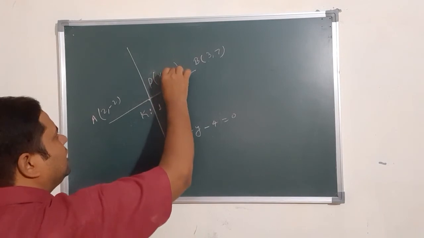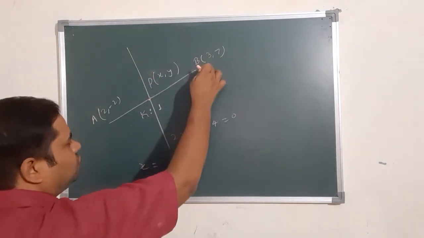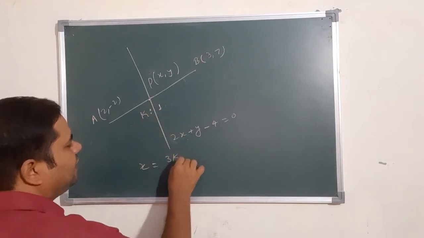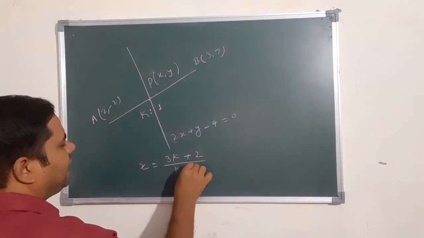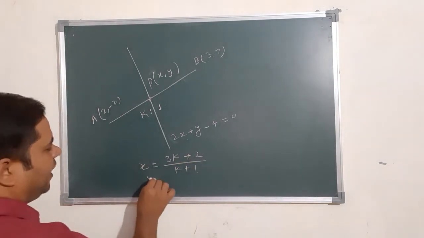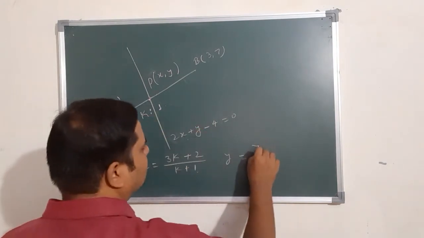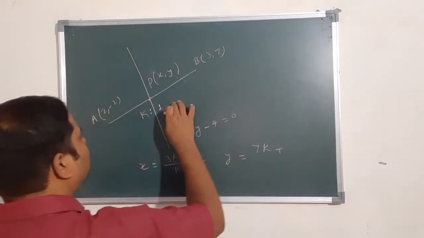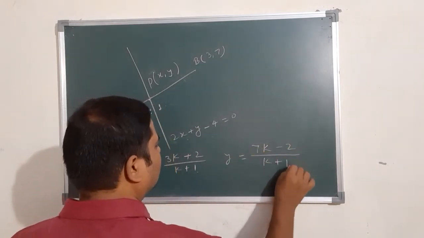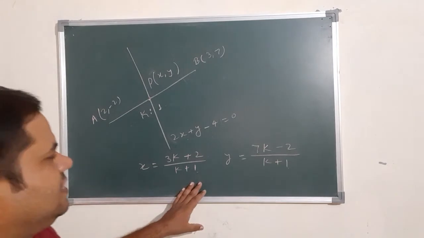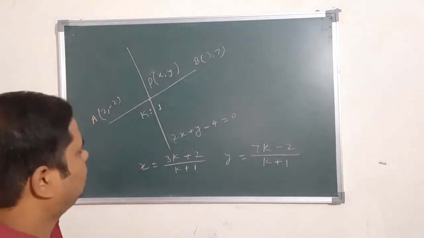Suppose the point is (x, y), then x is (m1 x2 plus m2 x1) divided by (m1 plus m2), that is (3k plus 2) divided by (k plus 1), and y is (m1 y2 plus m2 y1) divided by (k plus 1), that is (7k minus 2) divided by (k plus 1). It is very easy to put these values in the equation, and you will get the solution.